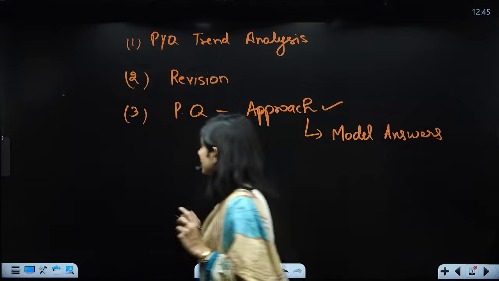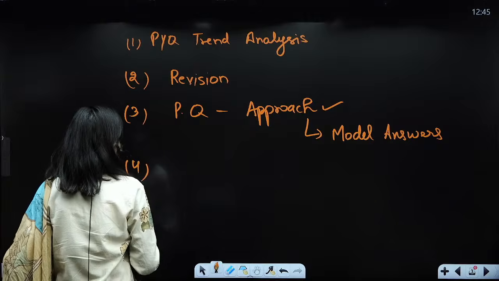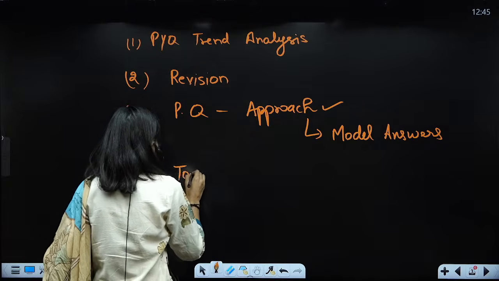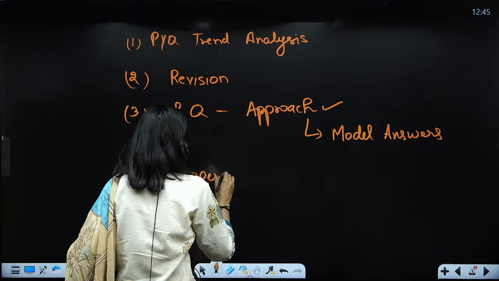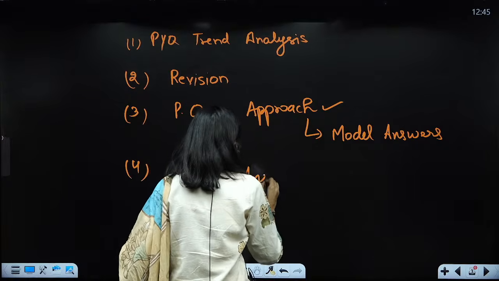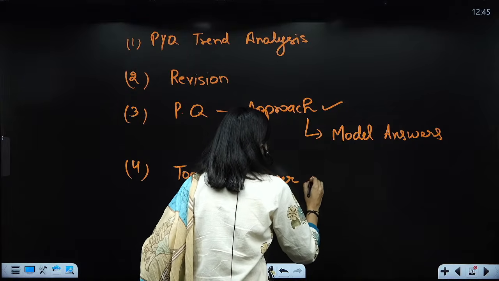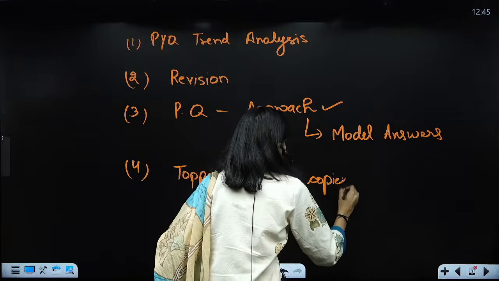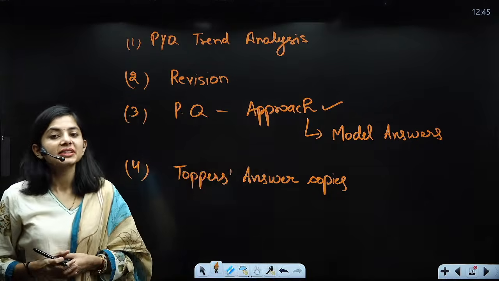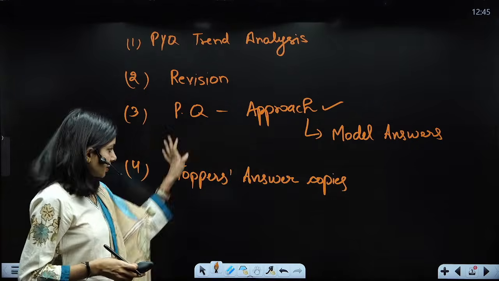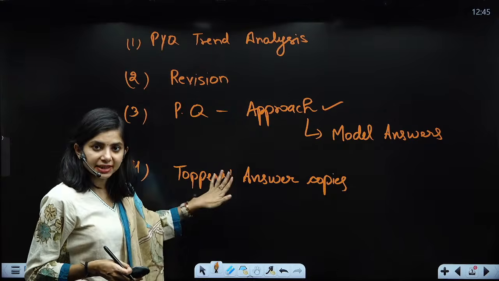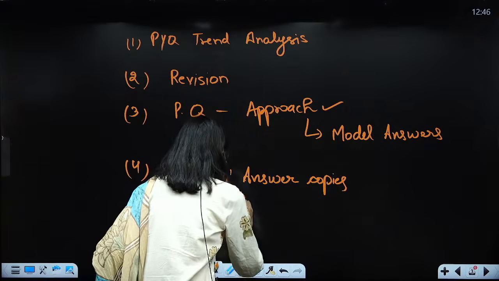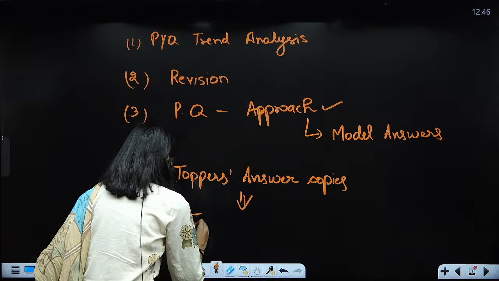Once you are done with that, I'm going to show you the topper's answer copy. And once you are done with all these things, I'm going to provide you a target.